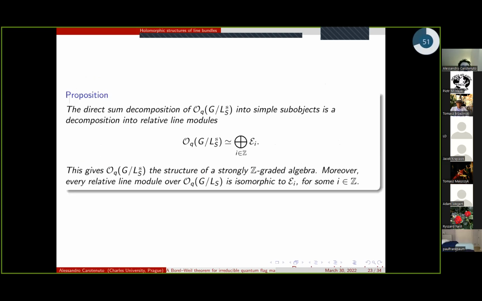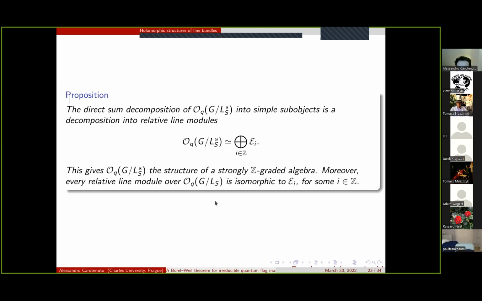Well, we have a direct sum decomposition of O_q(G_LS), the quantum Poisson homogeneous space, into simple subobjects. This decomposition is in fact a decomposition into line bundles, into relative line modules. This gives the quantum homogeneous space the structure of a strongly graded Z-graded algebra.